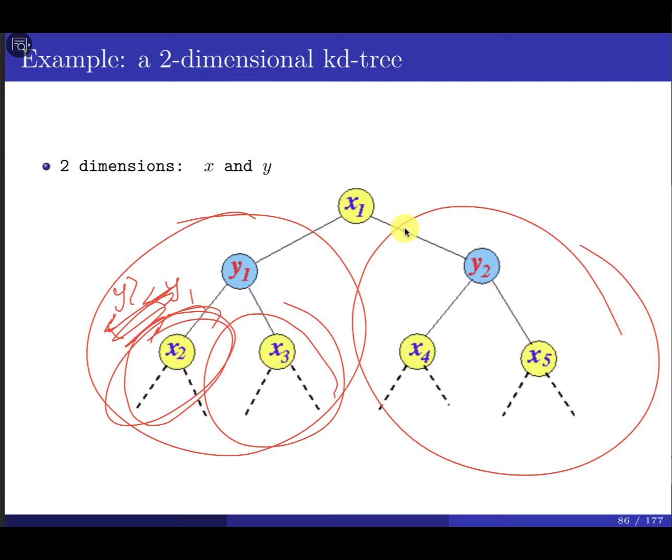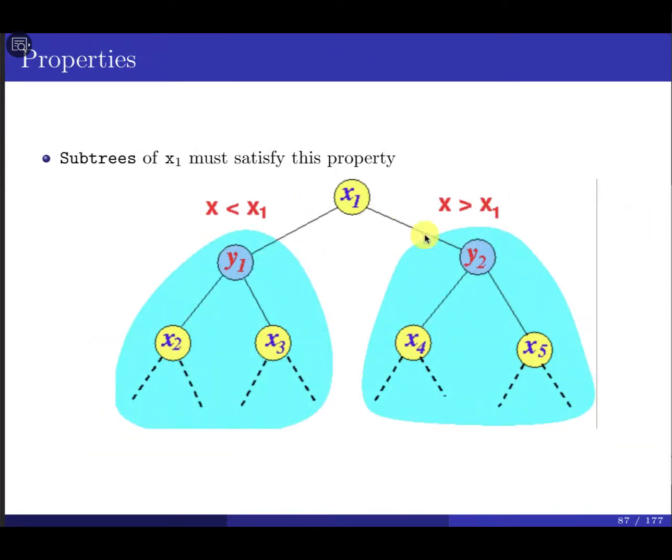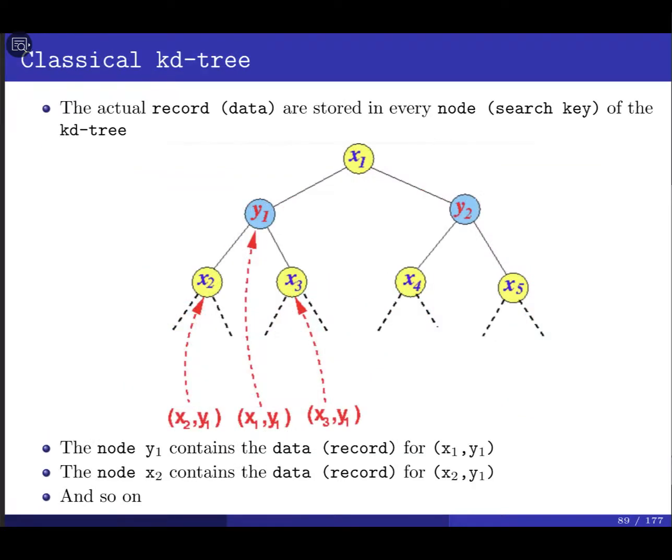And etc. Of course, all the values here must be less than the value of x1. That's the structure here. The value of x must be less than x1 on this side, and greater than x1 on the other, and you can go down and propagate the property for every single level here.